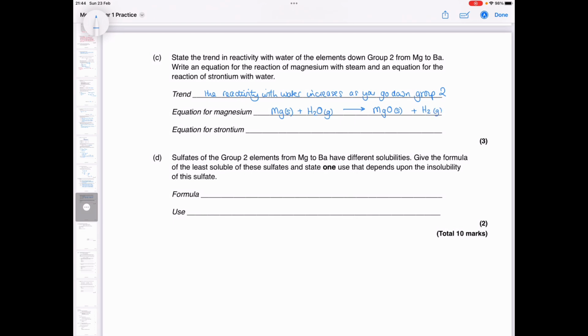Often this is done in a boiling tube. You put a coil of magnesium into the boiling tube. I'll draw a little sketch of it. So often you would have a piece of cotton wool here soaked in water, and then further up the boiling tube you'd have a coil of magnesium, and then you'd have a stopper in that and a little glass tube.